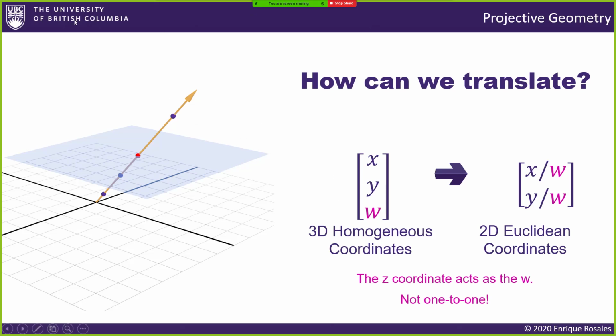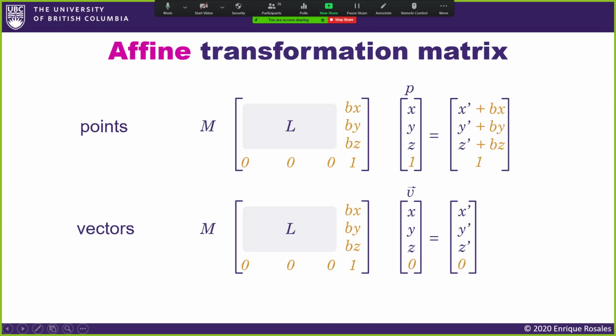Let's leave this concept here, and this will eventually lead us into projections. For now, just take this as the actual origin of the homogeneous coordinates that we use to create these affine transformation matrices.